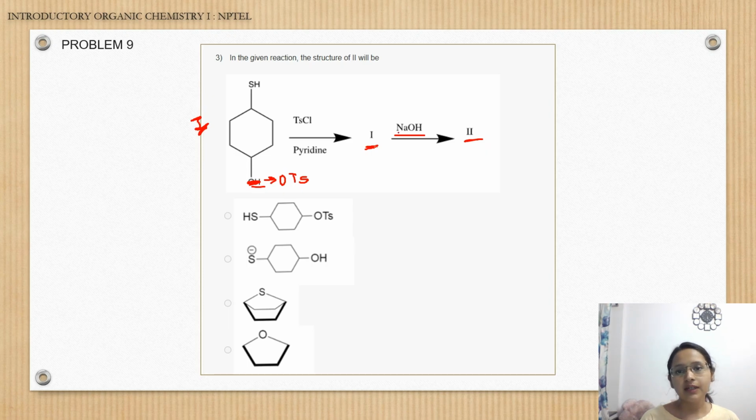Then just tell me, if it is a strong base, which proton should it abstract, which is the acidic proton present in the first? Yeah, the hydrogen attached to sulfur. Because it is very acidic, this base will attack this particular proton, and you will have an anion at this sulfur position.